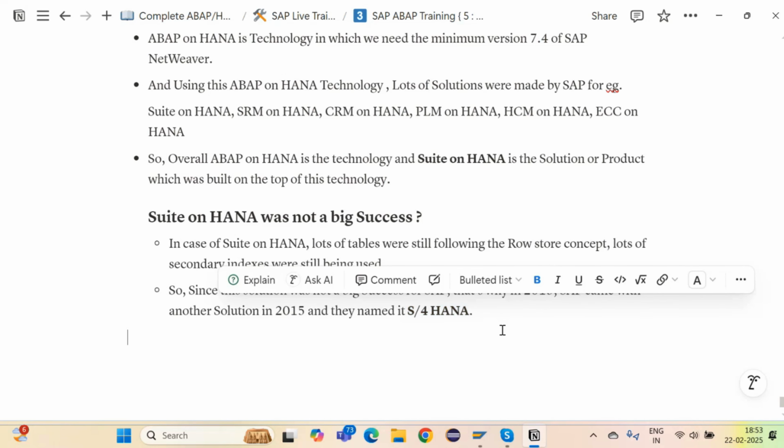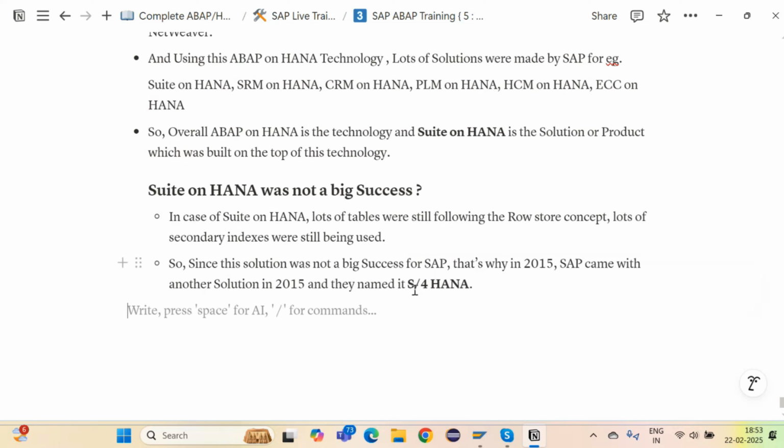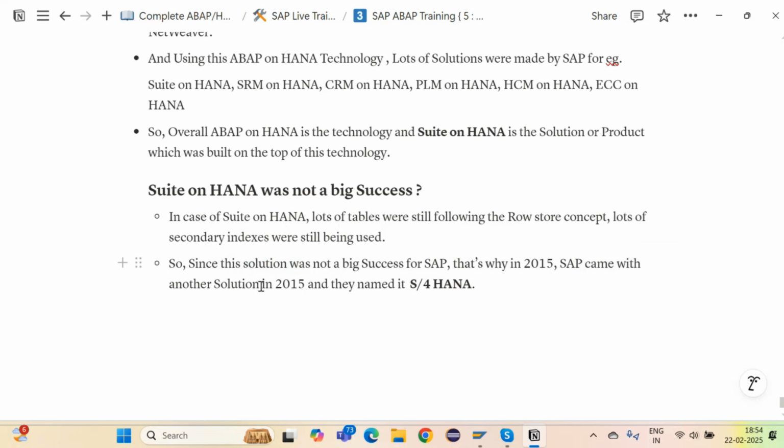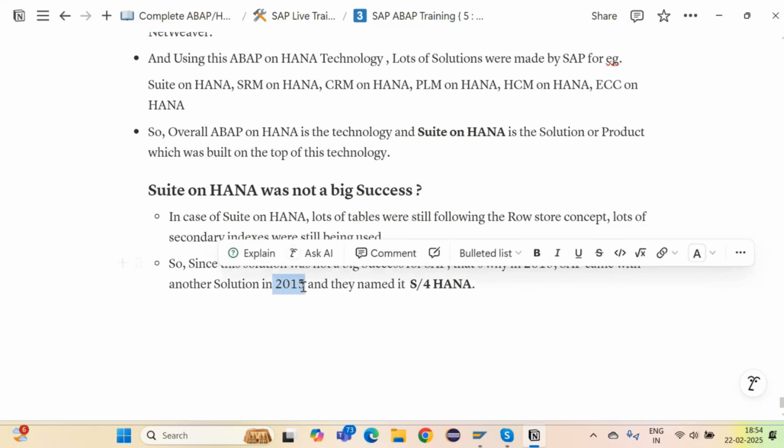Which version are we using, Mukul? S4 HANA version we are using, right? What is S4 HANA? S4 HANA is the solution built by SAP, launched in 2015.